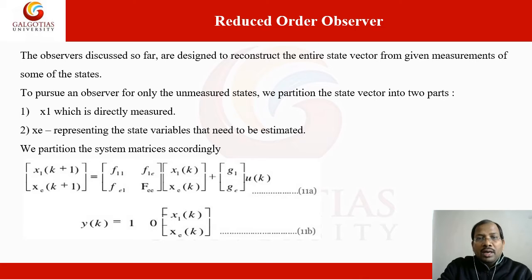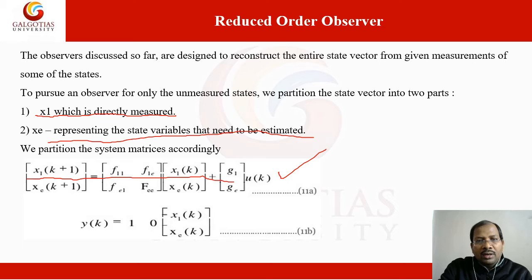Suppose a system has n states. In the standard form, x1 is directly measured. The x1 state variable, a column vector, is measured using direct measurement, and xe represents the state which needs to be estimated. So xe is the standard form for the estimation. The whole state equation is divided into the measured and unmeasured variables, so you can see this is the equation. We have to divide this form.